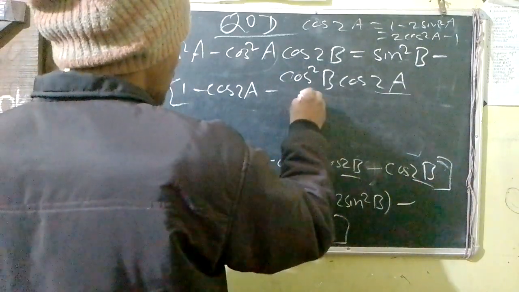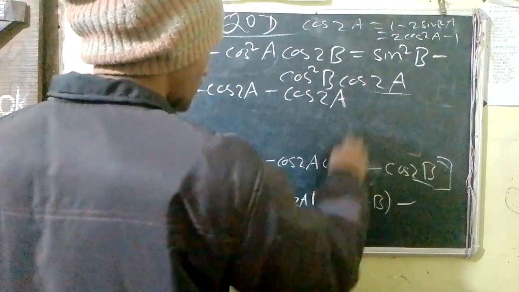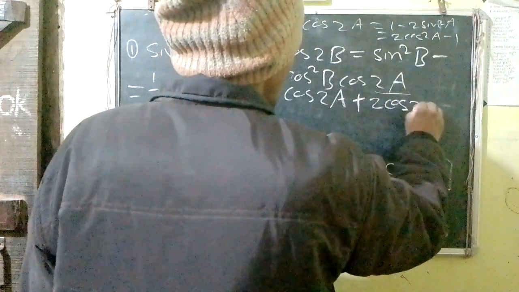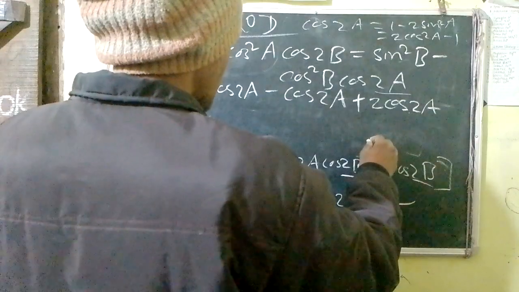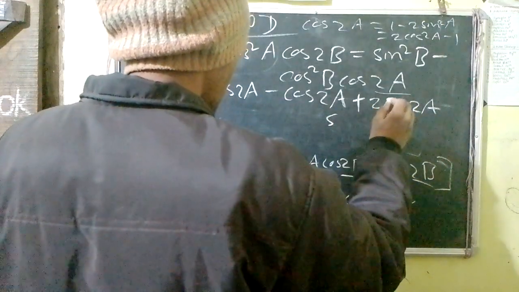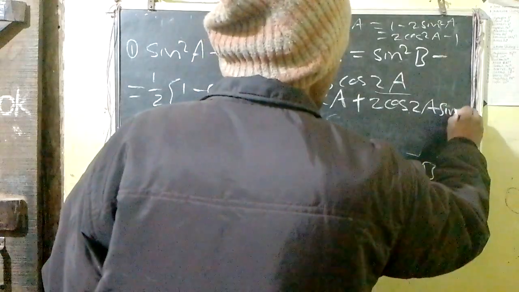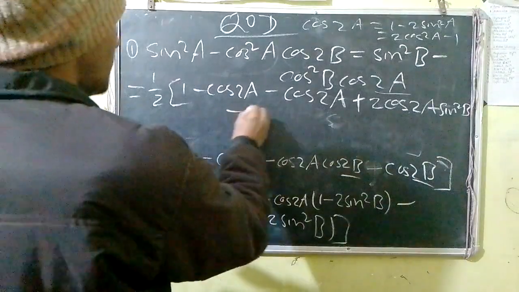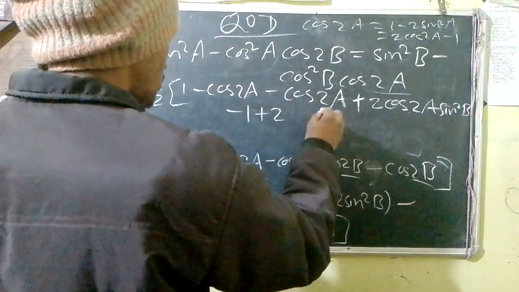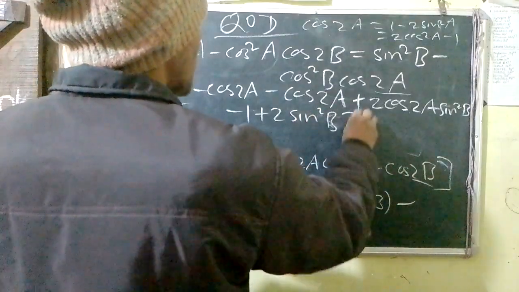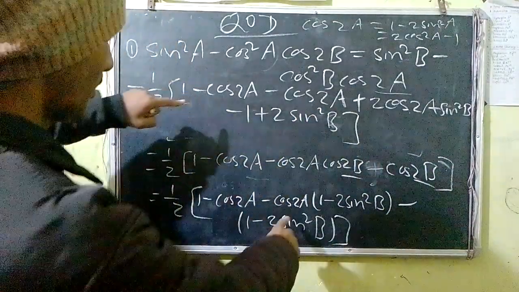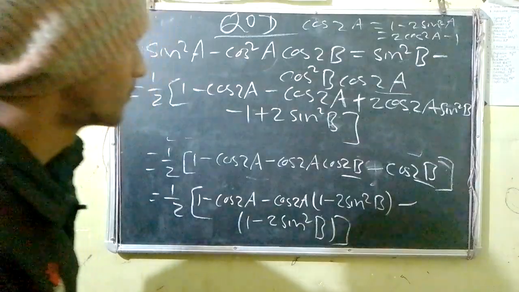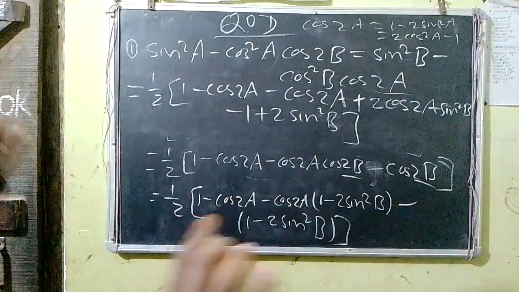So it will be minus cosine 2A, minus minus becomes plus, so 2 cosine 2A times sine square B. I write sine square B here, then minus 1 plus 2 sine square B. Again, let me recheck my calculations. 1 minus cosine 2A, then plus cosine 2A times 2 sine square B. All is fine.